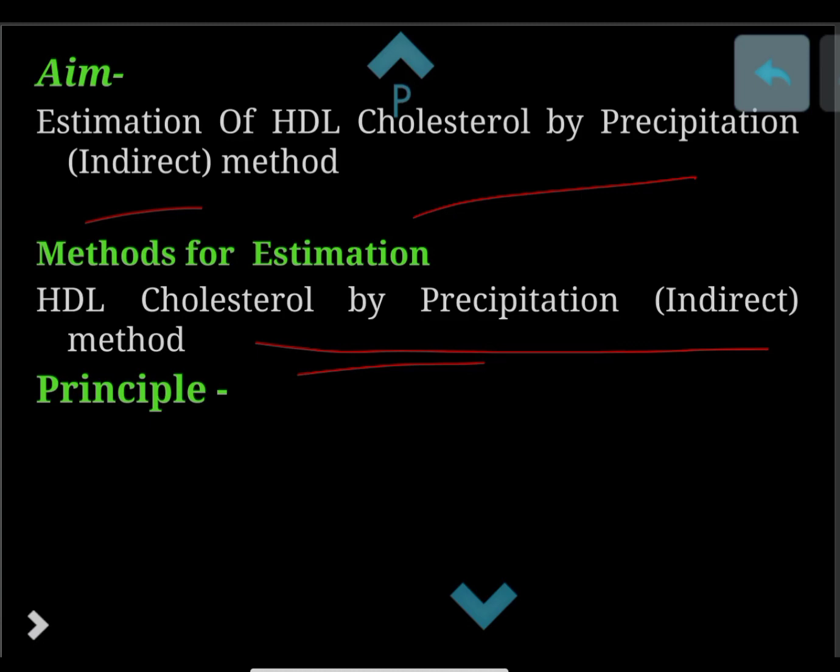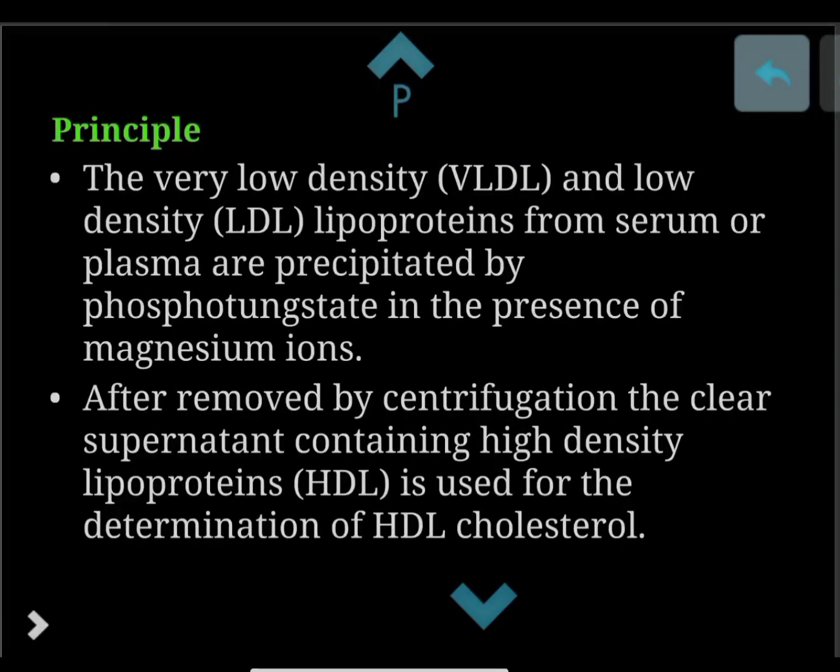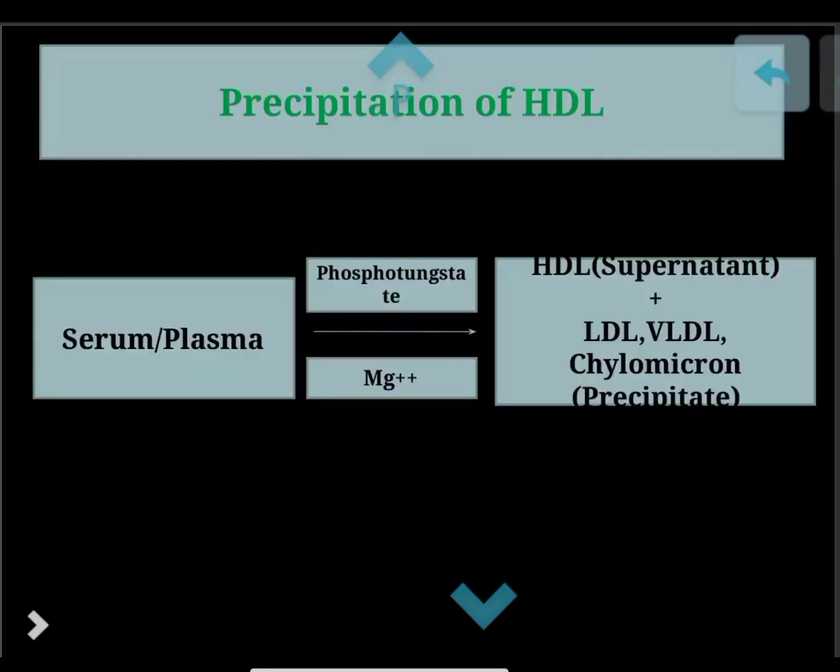What is the principle of this method? The principle is that VLDL and LDL lipoproteins from serum or plasma are precipitated. As I have already told you, cholesterol other than HDL is precipitated in the serum, and after being removed by centrifugation, only HDL cholesterol is measured on the colorimeter.